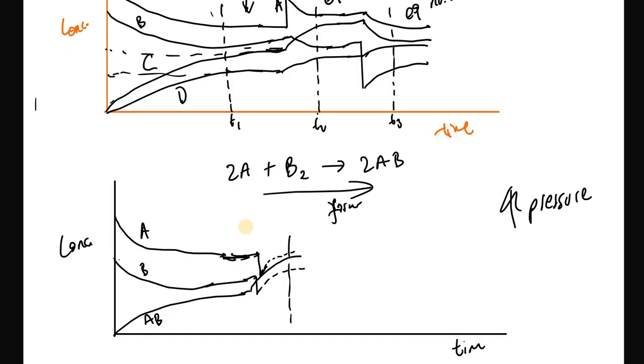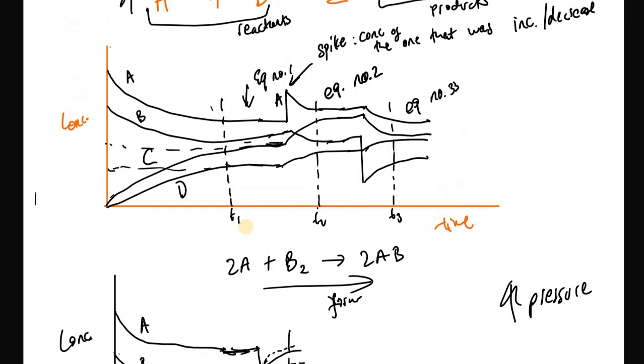So how will you see that it was pressure? If both of them sharply increase or sharply decrease, you know it's pressure. If only one of them has one spike, then you know that it's concentration.